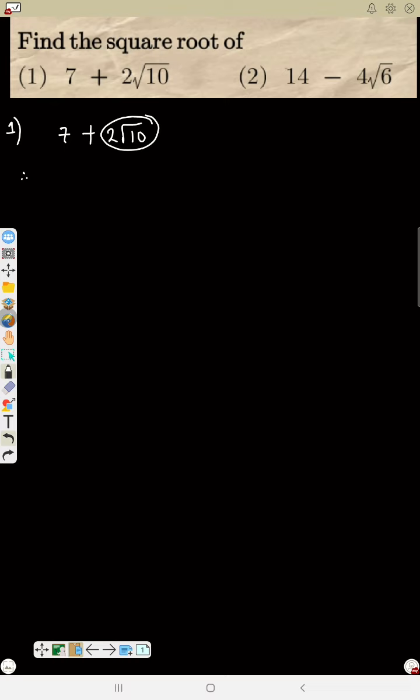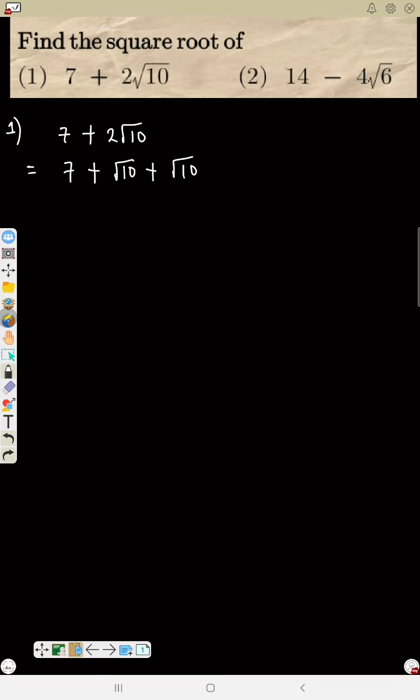So we need to split this, so let me show it so that you can grab what I want to do. So this is 7 plus, now square root of 10 is square root of 10 plus square root of 10. So square root of 10 plus square root of 10 will give us 2 roots 10.